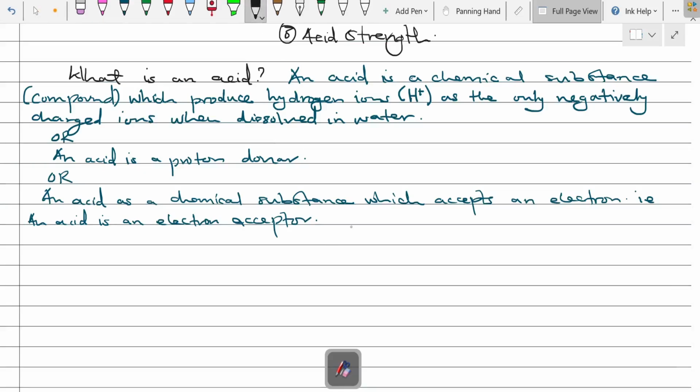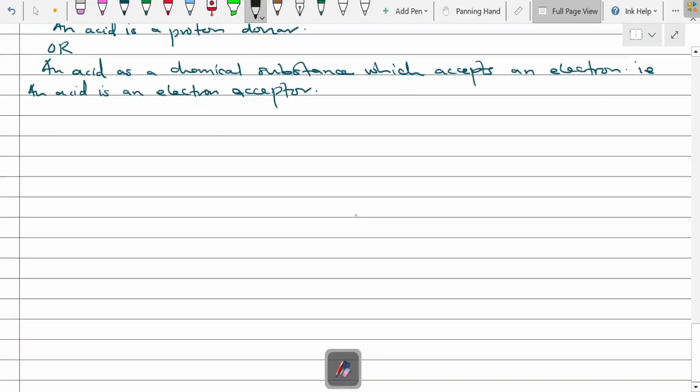So we have types of acids. Here we have two types of acids.